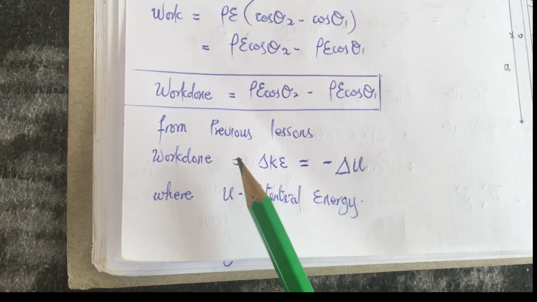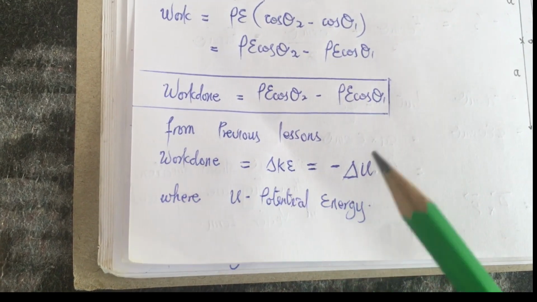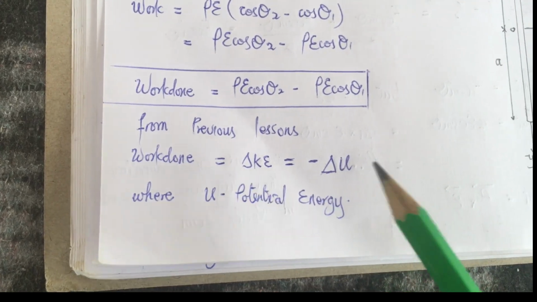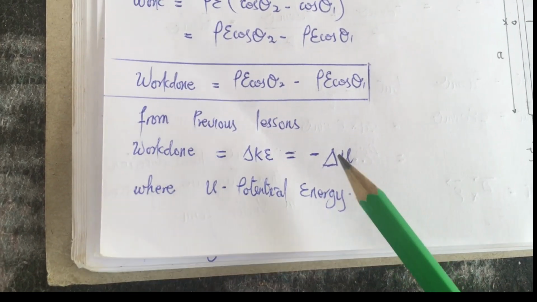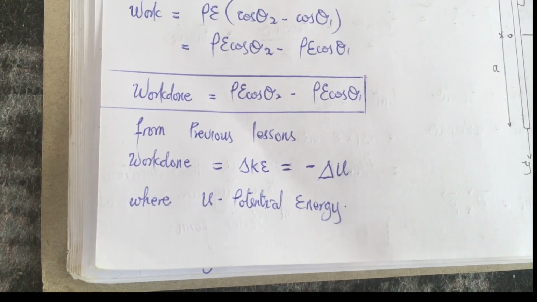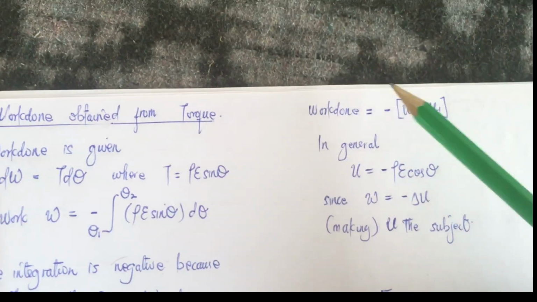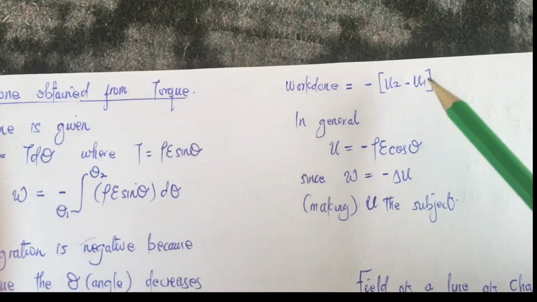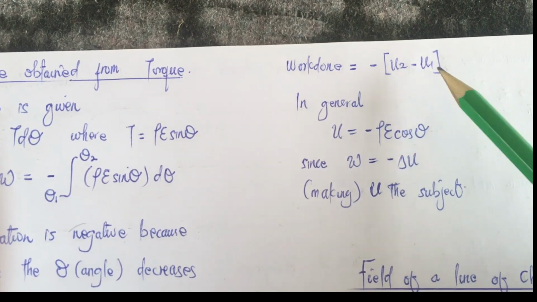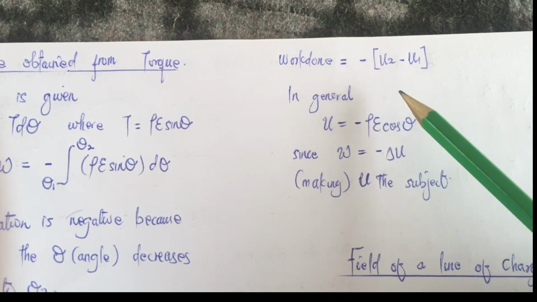From our previous lesson, as we all know, work done is equal to a change in kinetic energy, or the negative change in potential energy. Always keep it in mind. Where U is the potential energy, our work done is equal to the negative change in potential energy, which is U2 minus U1.